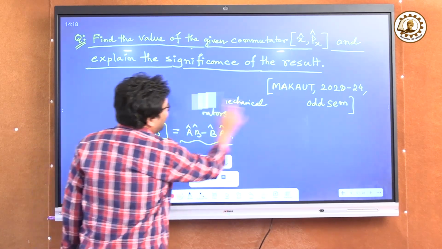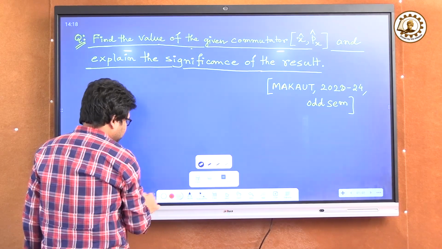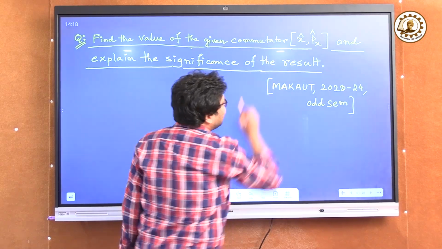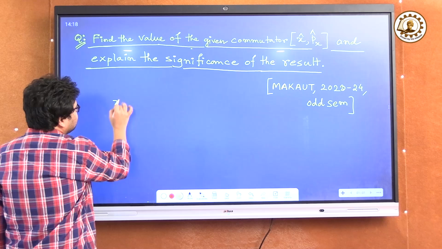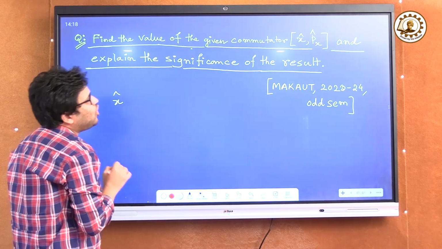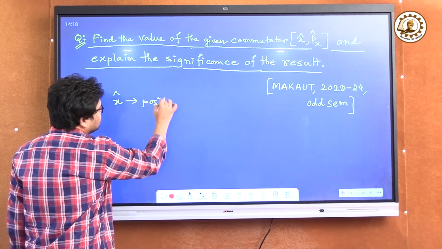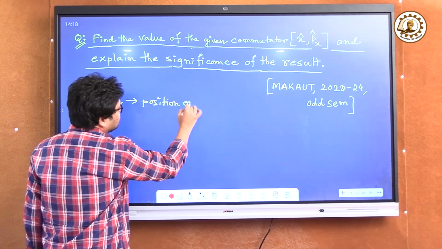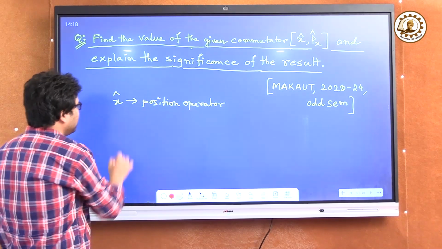Here, as you can see from the question, the two operators are x cap, the position operator, and the second one is px cap.